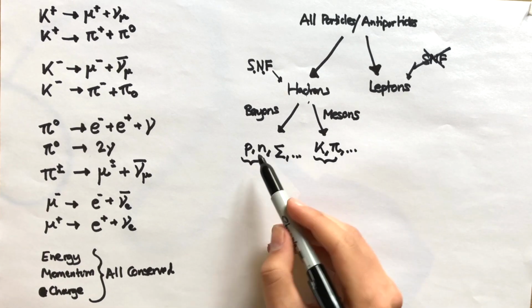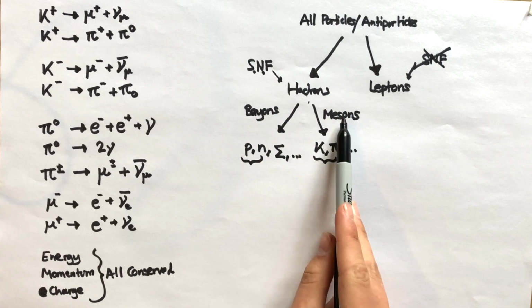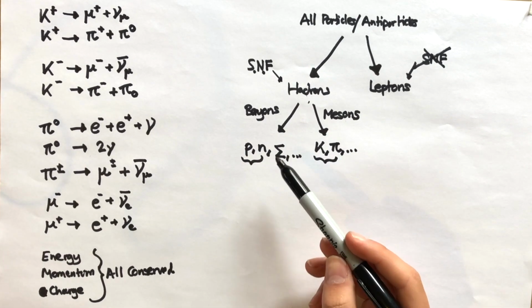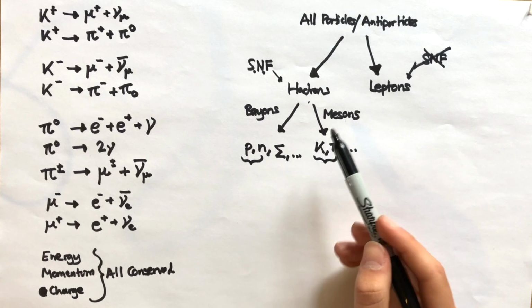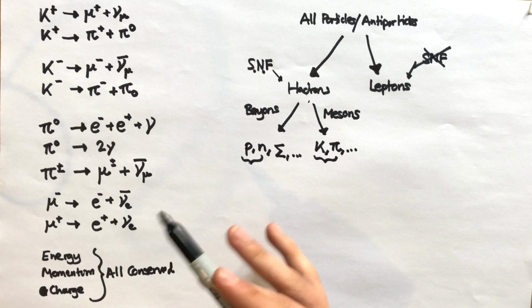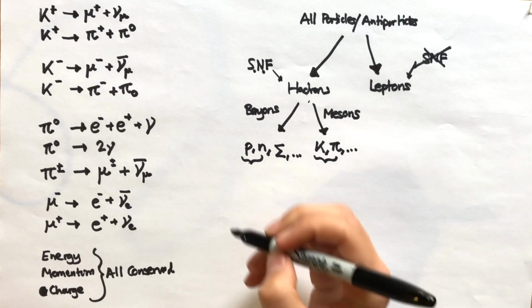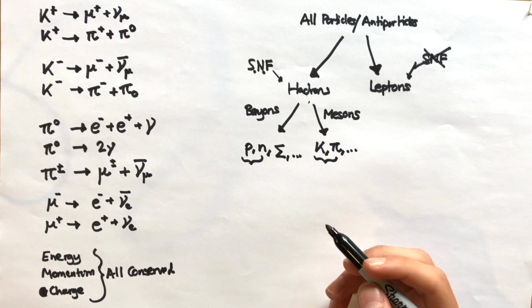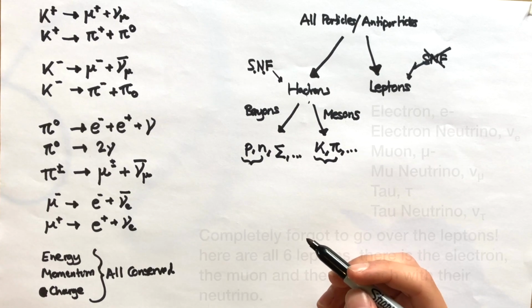Now, it was found that baryons and mesons can be divided even further. The proton and neutron can be subdivided into particles called quarks and antiquarks, which we'll come on to in a little while.